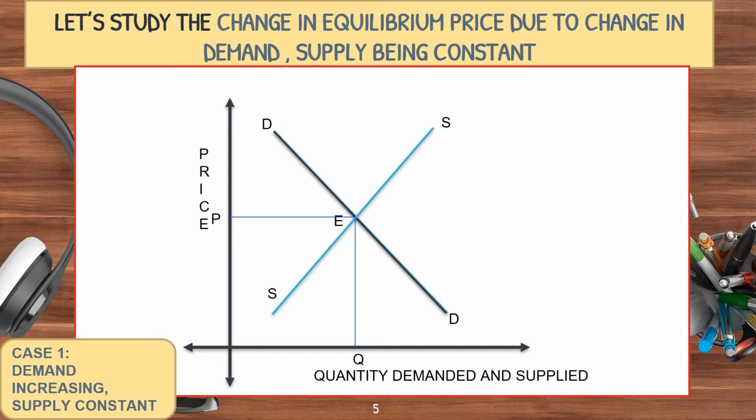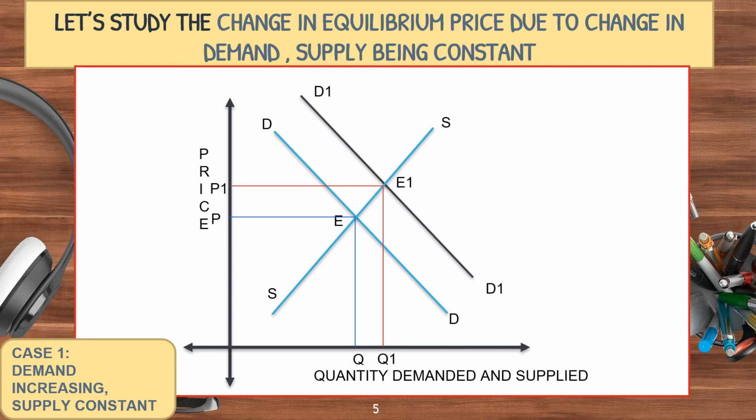The demand curve will definitely shift forward to a new demand curve, that is D1, D1. This new demand curve D1, D1 intersects the original supply curve SS at a new equilibrium point E1.